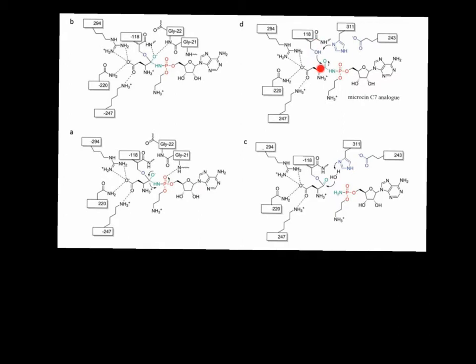It then attacks the carbonyl group, causing this double bond to break and those green lone pairs to go up. That results in something that looks like this. So this right here is the first step, and this one is the second one.